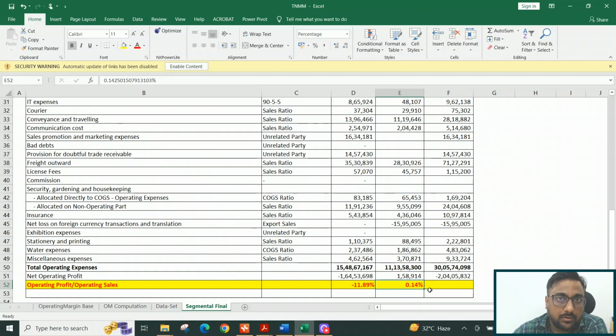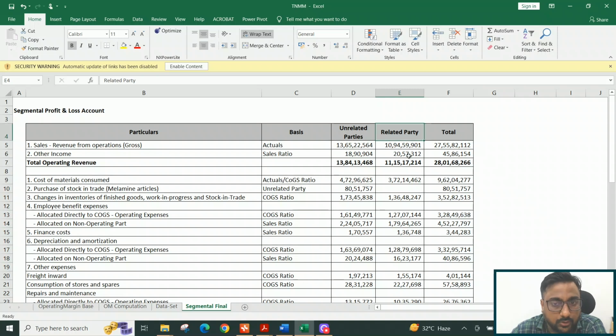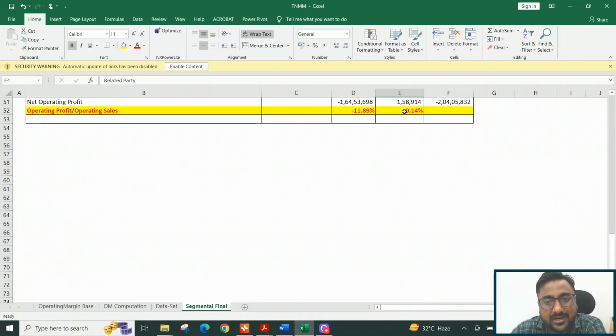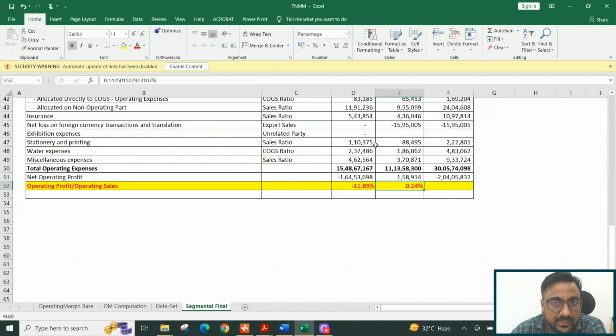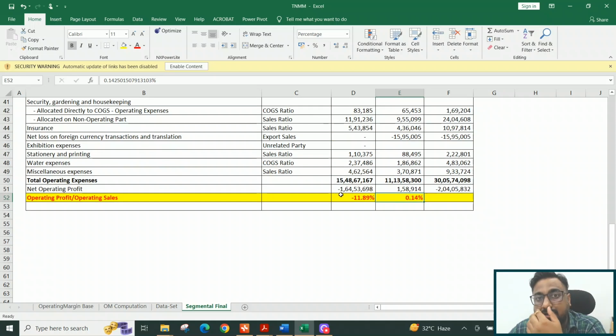So we can very well conclude that when the taxpayer has made a sale to the related party, it has earned a net margin of 0.14%, vis-a-vis it has incurred a loss when it has made sales to the unrelated parties. And appropriately you can justify that it is at arm's length. Why? Because it is higher than the arm's length price, right? So technically, it has given me a higher return.